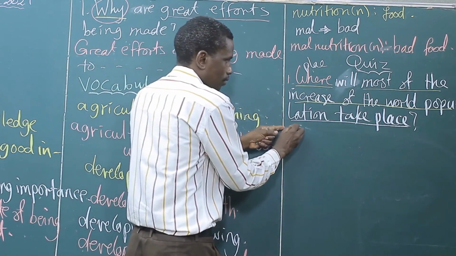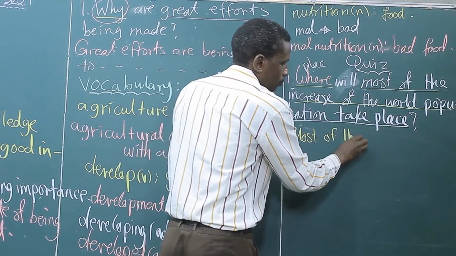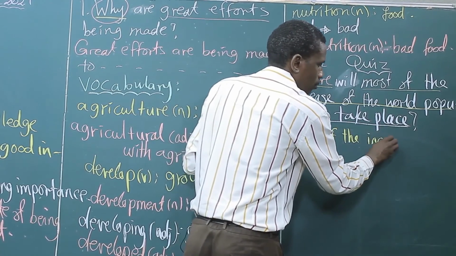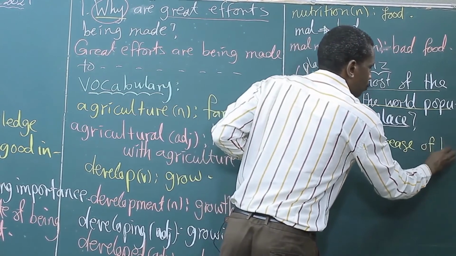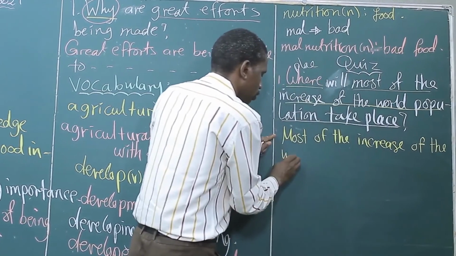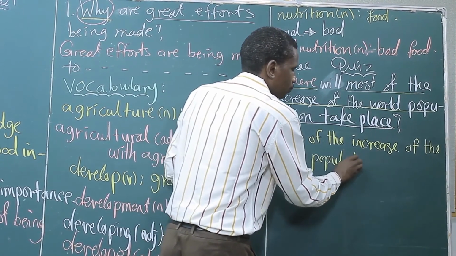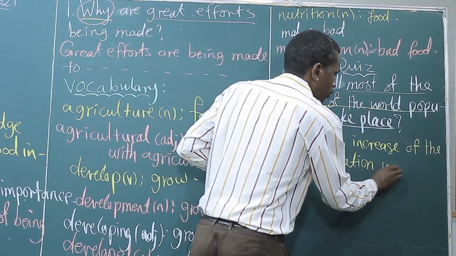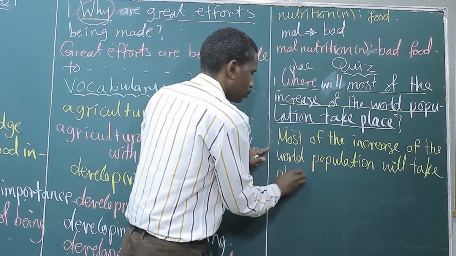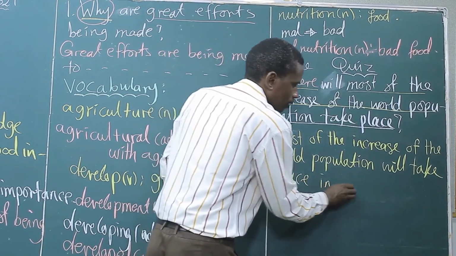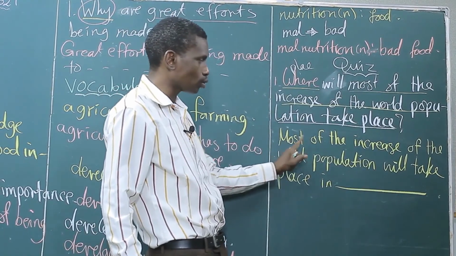So the key sentence: most of the increase of the world population will take place in, and then you give me the answer. I just need the answer. I don't need the key sentence. So this is the key sentence: most of the increase.